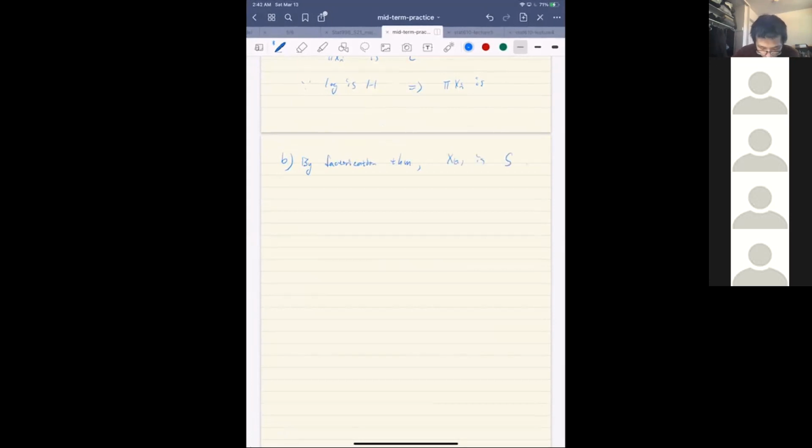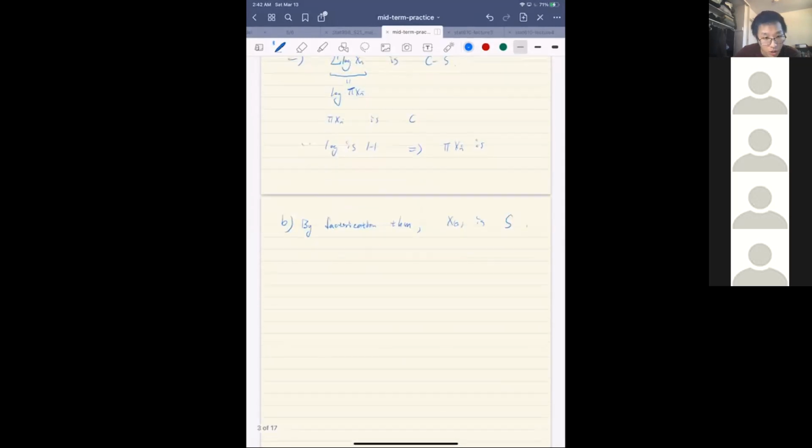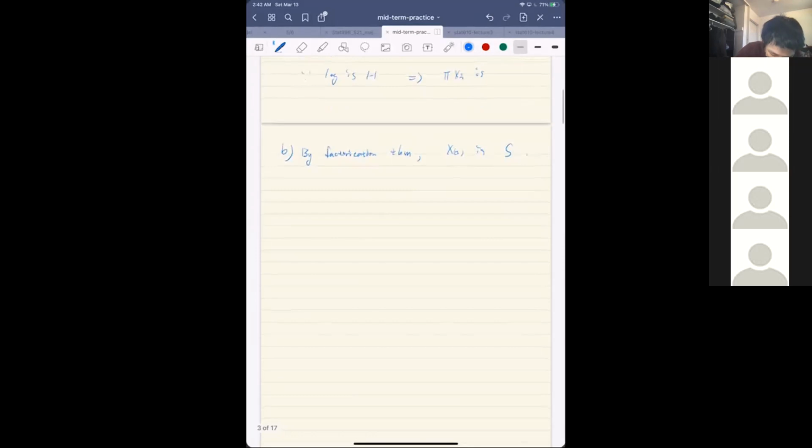So the only thing we have to show is that the Sn is complete. So my way to do that is I want to find the distribution of Sn first. So I want to let y equal to Sn. So let's find the density of y.